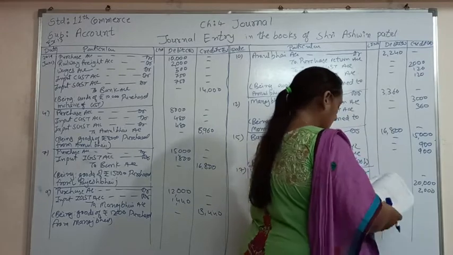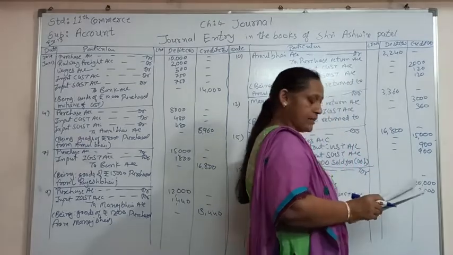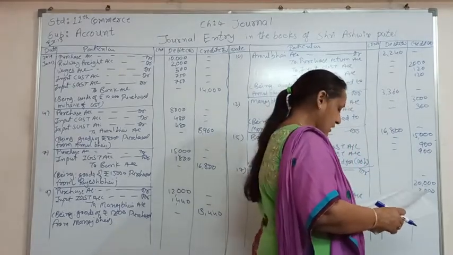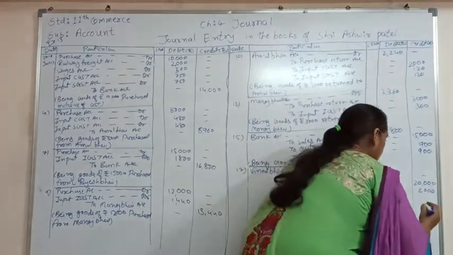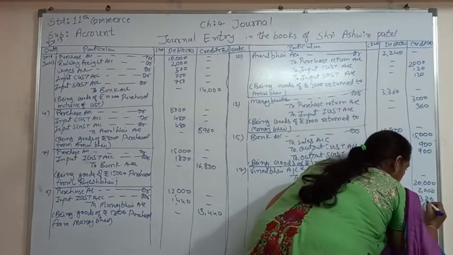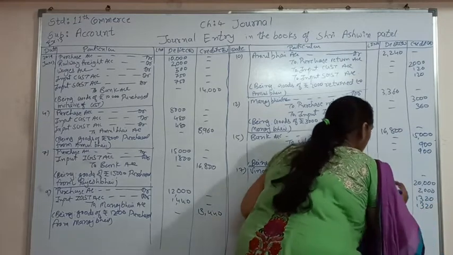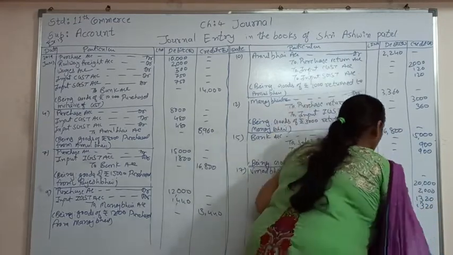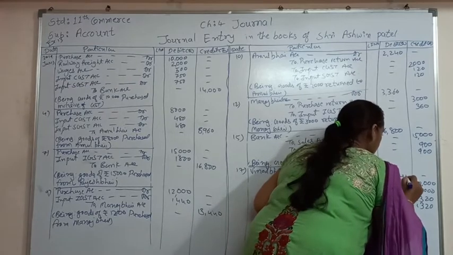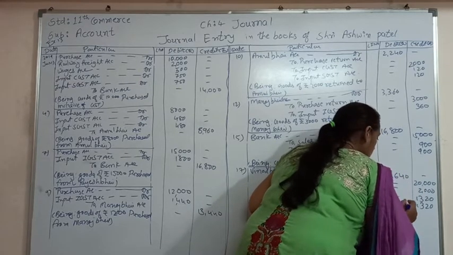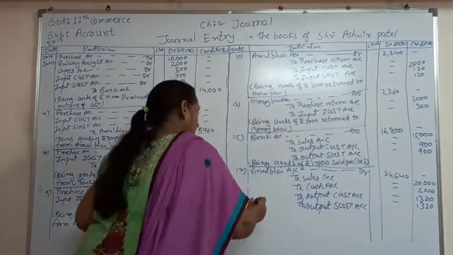and the GST is going to be on 22,000. 6% of 22,000 will be 1320, and the total of this will be 24,640. So this is how we are supposed to pass the journal entry.